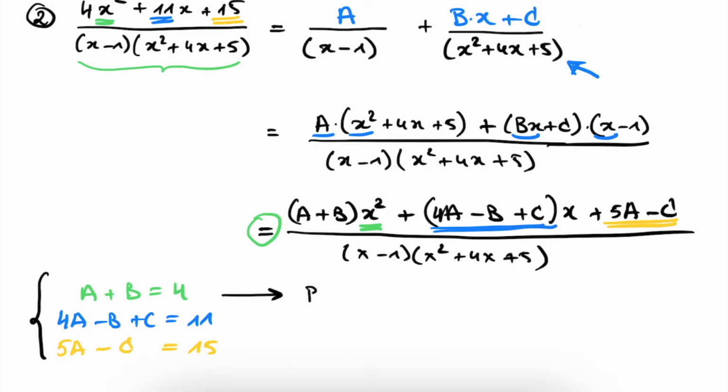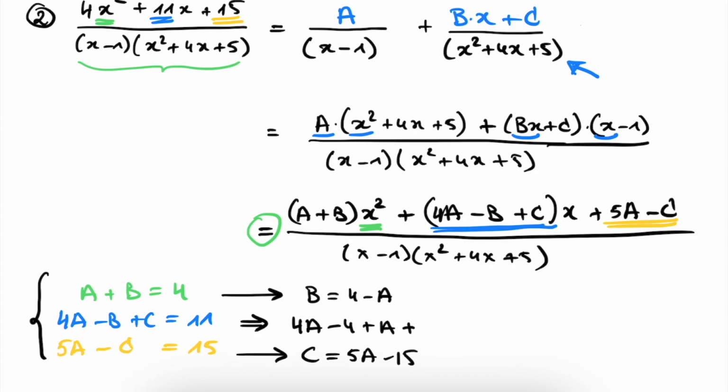So we get that b is equal to 4 minus a from the first equation. We get that c is equal to 5a minus 15 from the last equation. And now we can use these two expressions to fill in our second equation. So we get 4 times a minus 4 plus a plus 5 times a minus 15 is equal to 11.